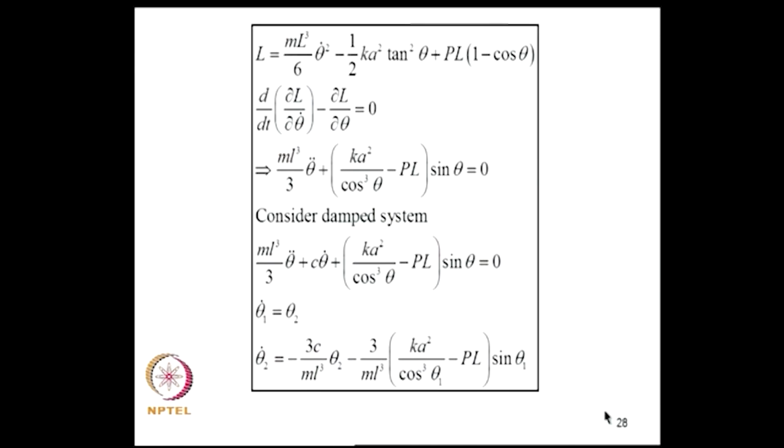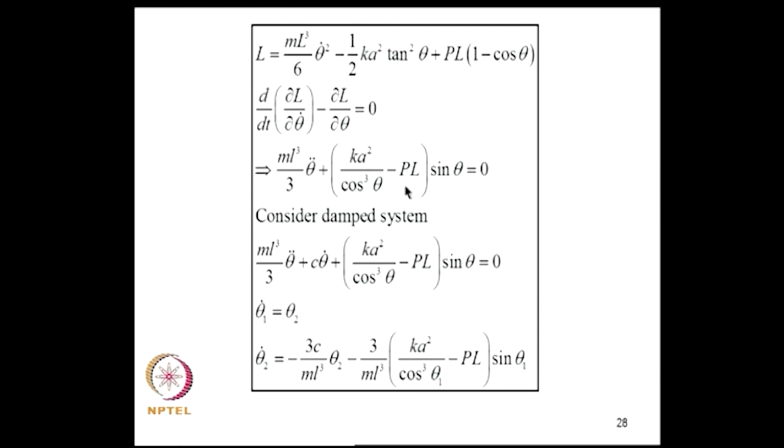So, I can now construct the Lagrangian T minus V, and if I put it in the Lagrange equation and perform the necessary differentiations, I get this equation. Now, you see here the inertia term is linear, but the stiffness term is highly nonlinear. There is cos cube theta here, sin theta here. So, it is a highly nonlinear system.